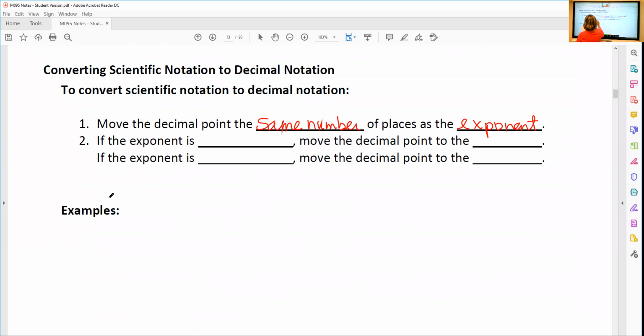If the exponent is positive, move the decimal point to the right. If the exponent is negative, move the decimal point to the left, which I'm sure you all guessed.